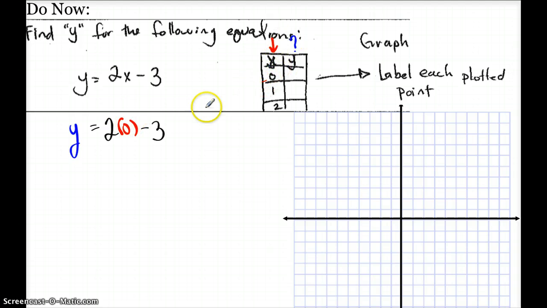Okay, so we're just solving equations. We'll have y equals 2 times 0, which is 0, minus 3, y equals negative 3. So this one is negative 3, and then we'll do it all over again.